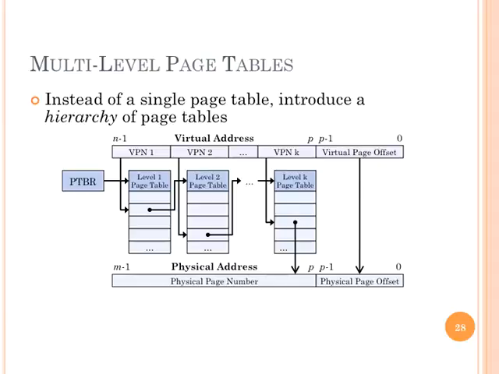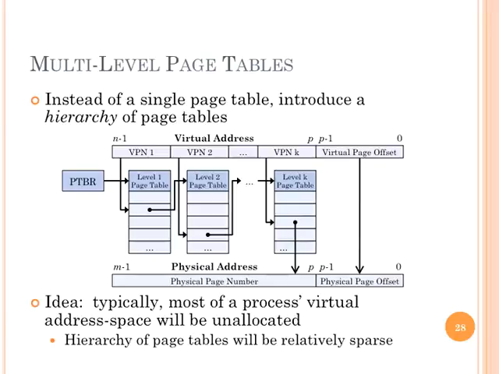The rest of the virtual address bits we actually split into multiple components that we can use for a hierarchy. And like I say here, the page table base register only points to the first level. And so we use that level to index into the next level. And then we use the next part of the virtual page number to index into the next level and so forth.